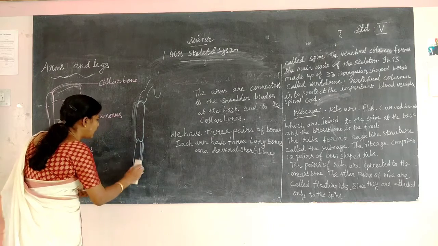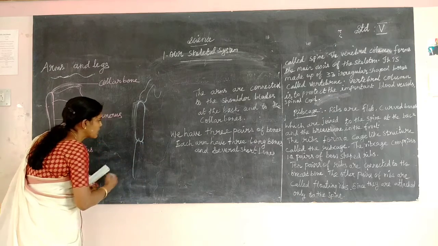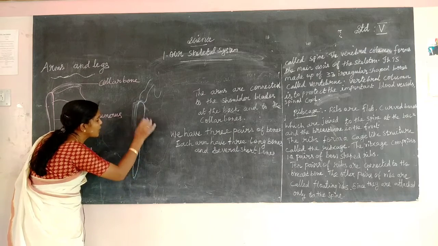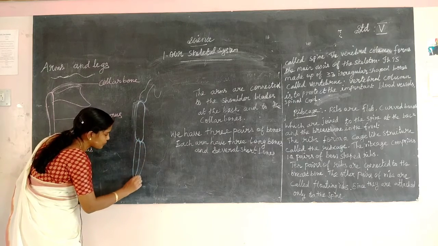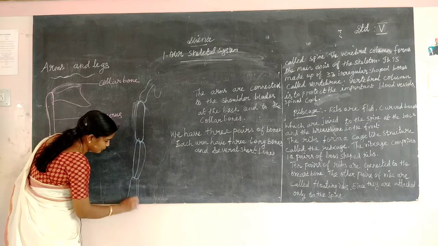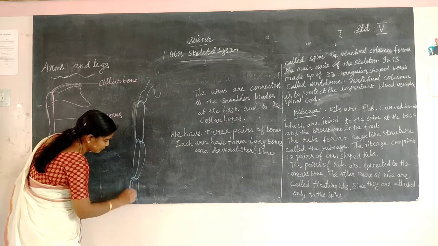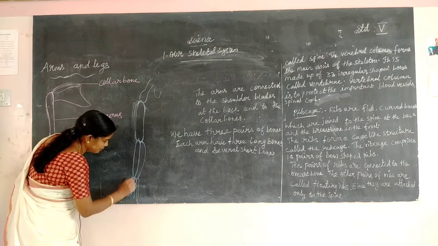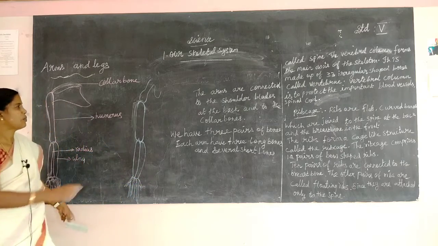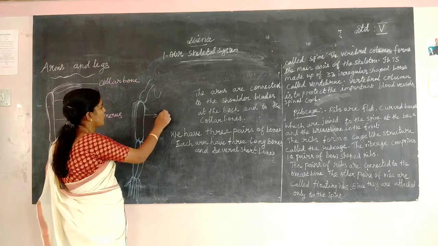Radius, and this one, tibia and fibula. The two bones are tibia and fibula. The longest bone is the femur. Okay, this one is the femur.